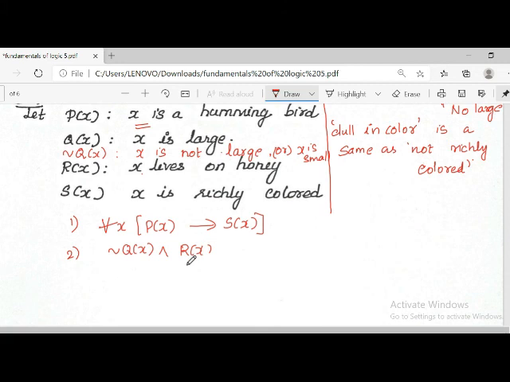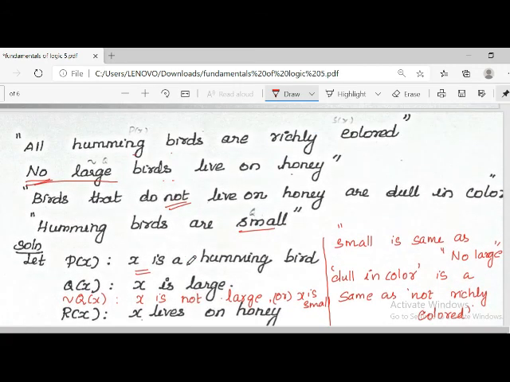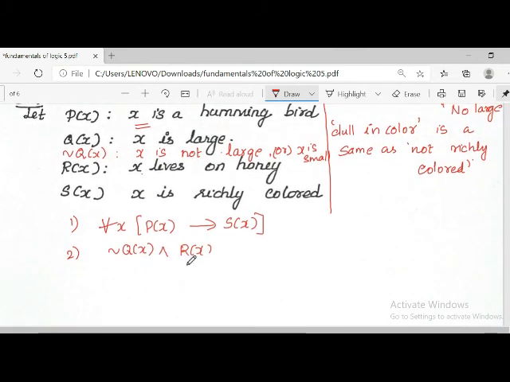Some birds live on honey. Some birds live on honey means, since no large is negation Q, negation Q of x intersection R of x. So this can be rewritten with some, and some has to be used here.